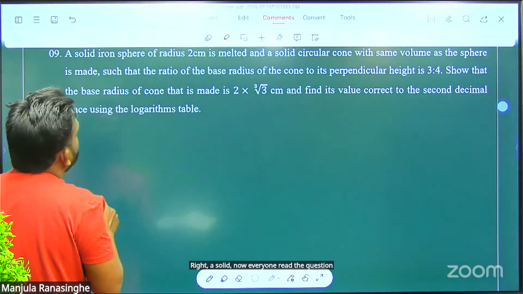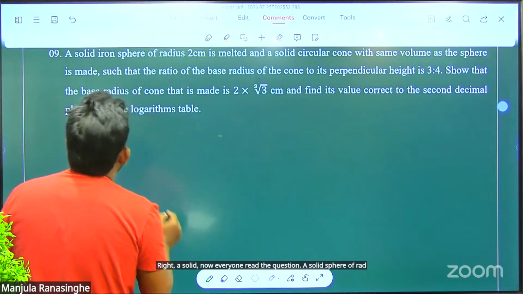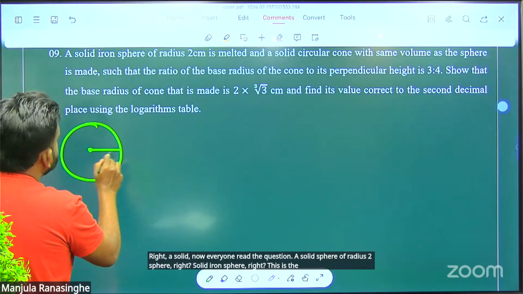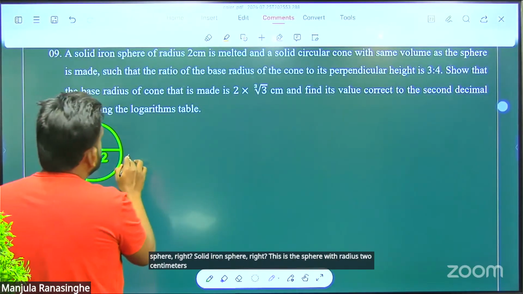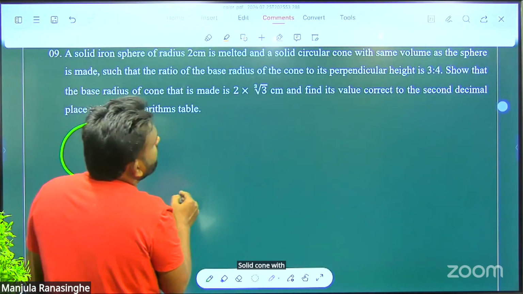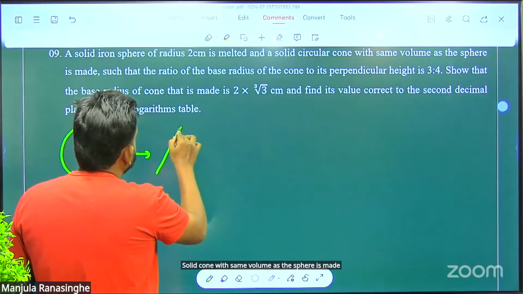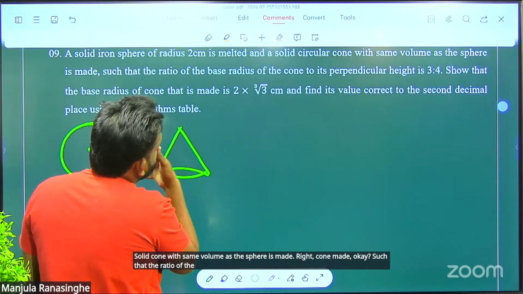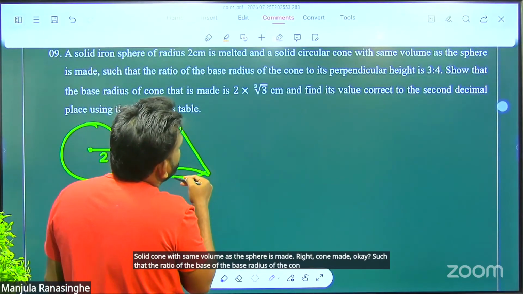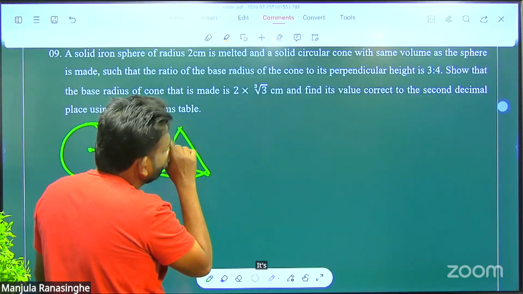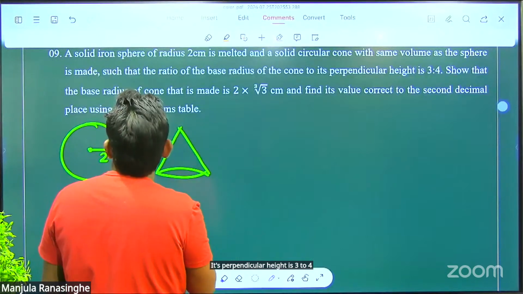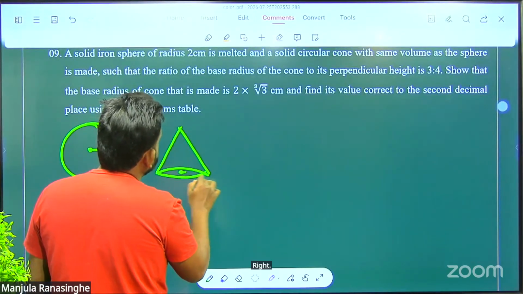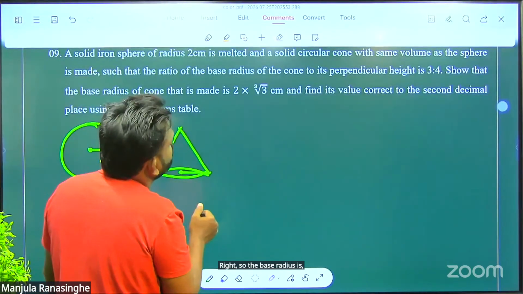A solid iron sphere with radius 2 centimeters is melted and a solid cone with the same volume as the sphere is made, such that the ratio of the base radius of the cone to its perpendicular height is 3 to 4.